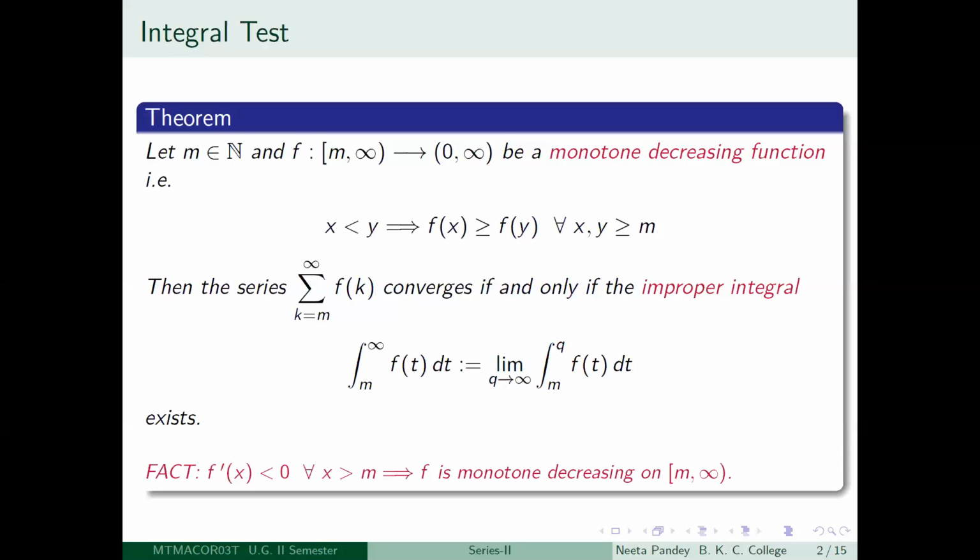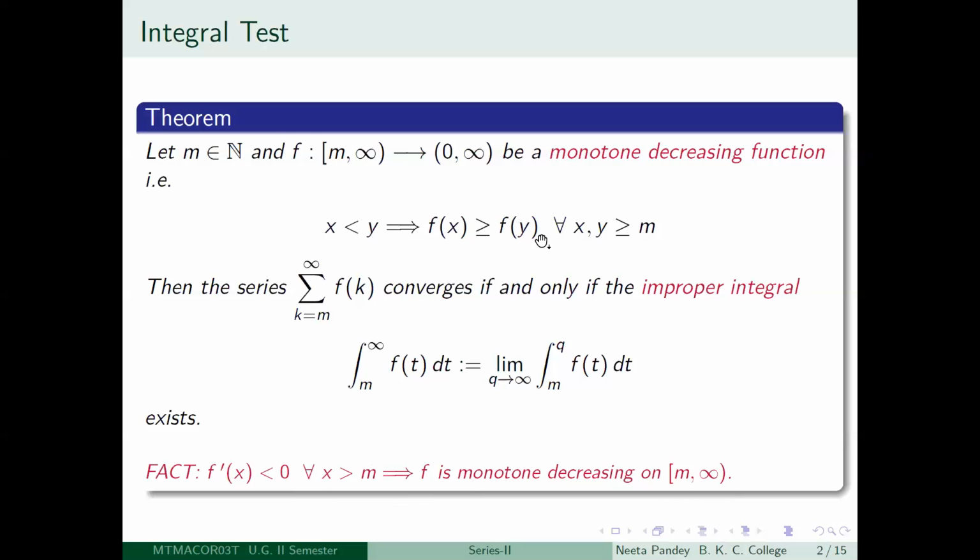Okay, and the only other thing which we need to know is that for a monotone decreasing function, you have this requirement. This requirement can be checked algebraically, and in the particular case where f is a differentiable function, that is, if its derivative exists, then there is a theorem which says that if f'(x) is negative in the concerned domain, then f is monotone decreasing in the domain, right?